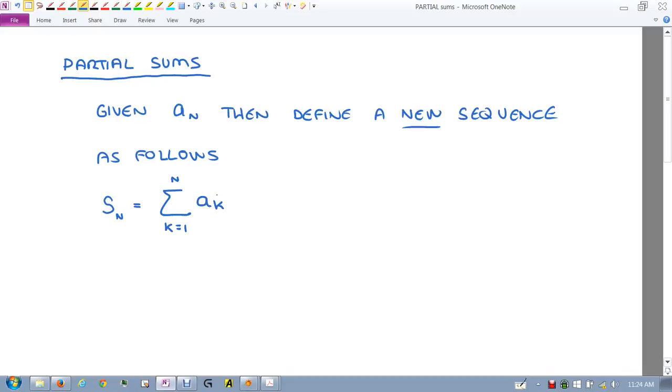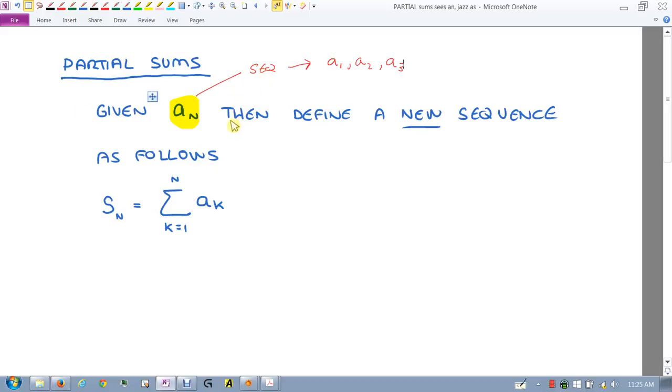So we have to make a distinction here, and we have to be very careful in the wording of all this. Somebody gives us a what? What is this right here, a sub n? A sequence, right? This is a sequence. So this is actually like a1, a2, a3, just a list of numbers, right? Someone gives us a list of numbers. I'm now going to define a new list of numbers, and that list of numbers is defined as follows. So if someone gives you a sequence, they have to give you a formula for it, right?